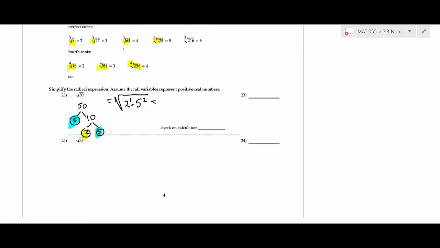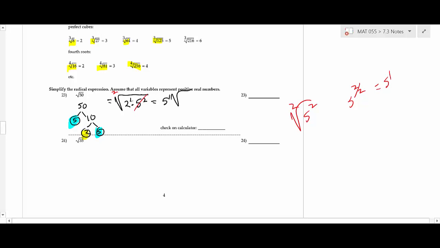Now, do you know what the square root of 5 to the second is? It's 5, right? Because again, you just divide those exponents. That's 5 to the 2 over 2, so that's 5 to the first. So this thing right here just comes out of the radical. That just becomes 5 to the first, and then what's left over is that 2.